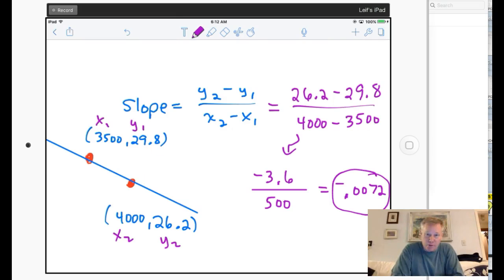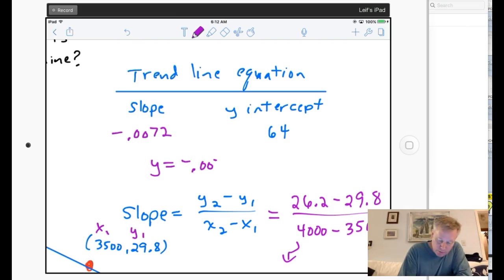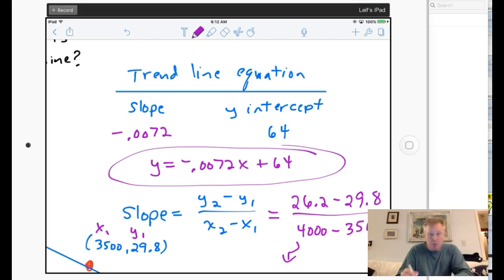When I subtract those numbers, I get negative 3.6 over 500. And if I divide them, I get negative 0.0072. So that's my slope, negative 0.0072. I'm going to write that up top with my equation. Now I have the slope and the y-intercept, so my equation is y equals negative 0.0072x plus 64. And that is the equation of the trend line.